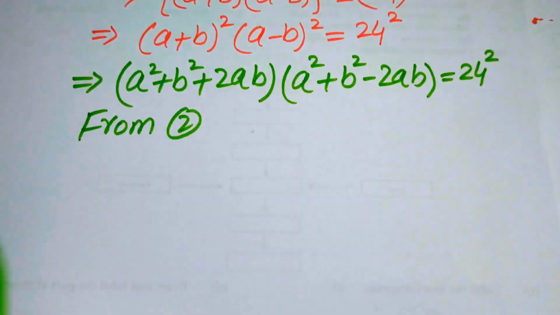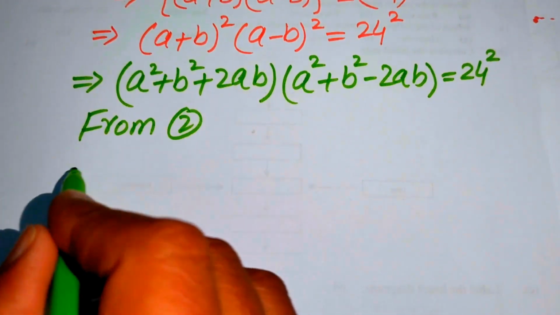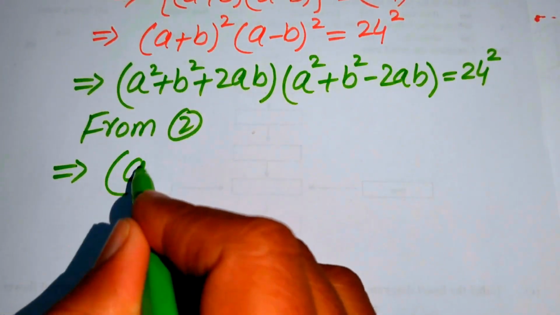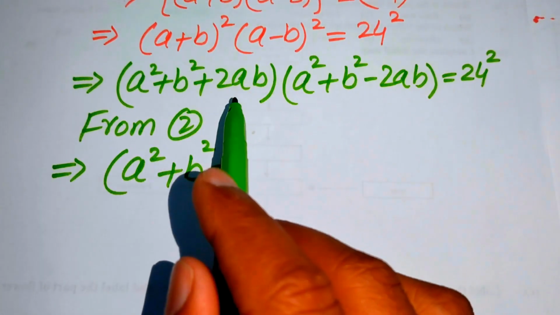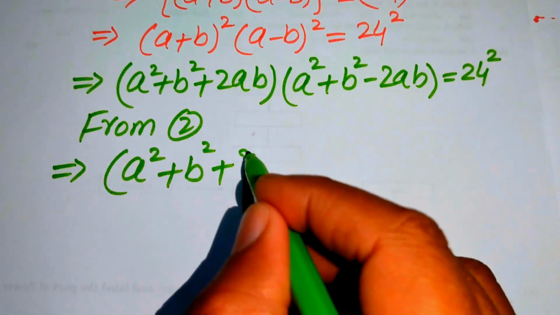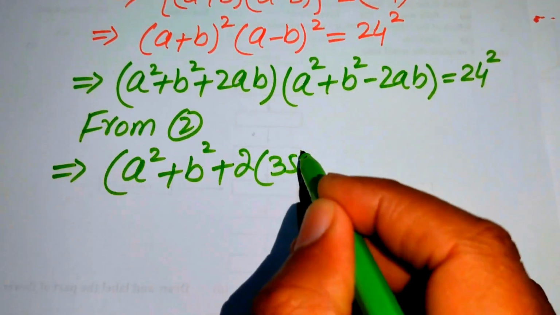From 2 we have (a² + b² + 2ab), and here we put the value of ab, so it is 35.